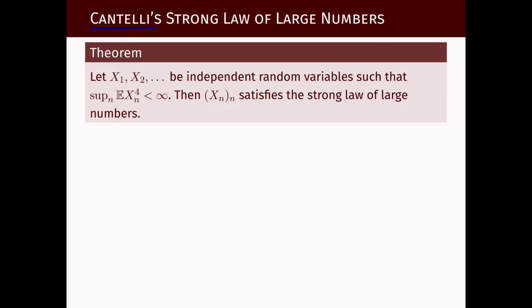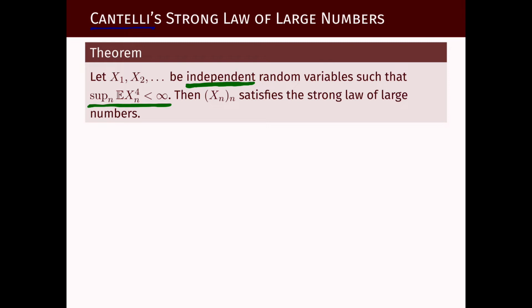Cantelli's law of large numbers now assumes the random variables are independent, so the conclusion will be stronger than Chebyshev's law of large numbers, but it requires further assumptions. They must be independent, not just pairwise covariances being 0. They must be independent, and also, another stronger assumption, we assume now that their fourth moments are bounded.